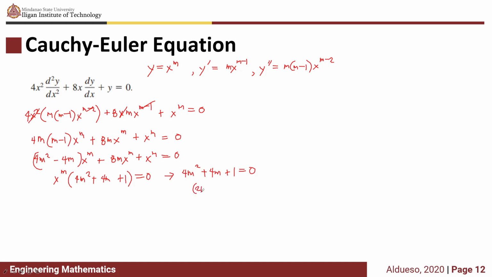We have 2m plus 1 squared is equal to 0. So m1 is equal to m2 equal to negative 1 half. Our general solution is y equal to c1 x to the negative 1 half plus c2 x to the negative 1 half times ln of x.